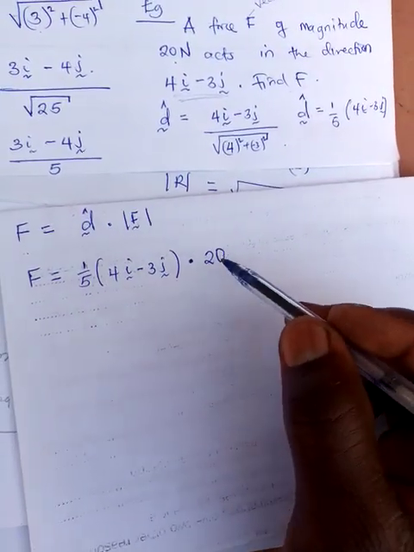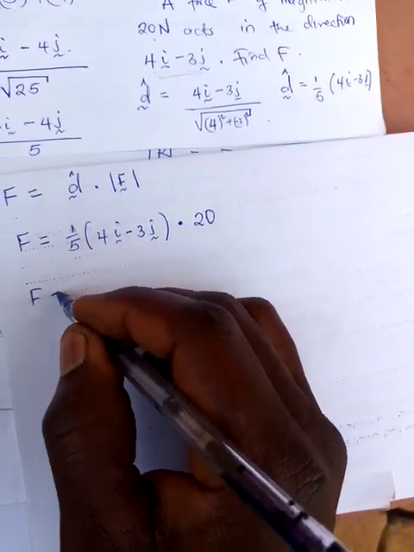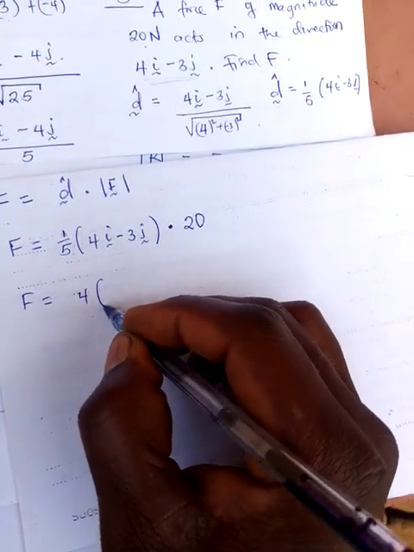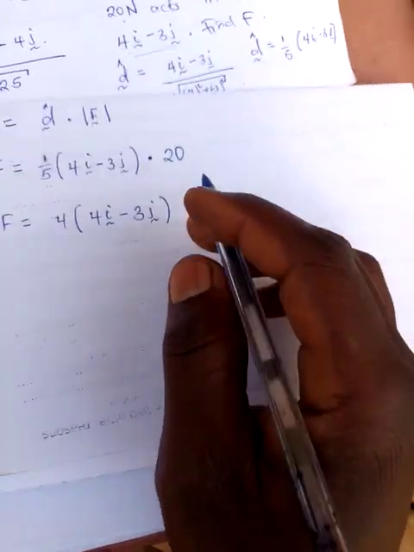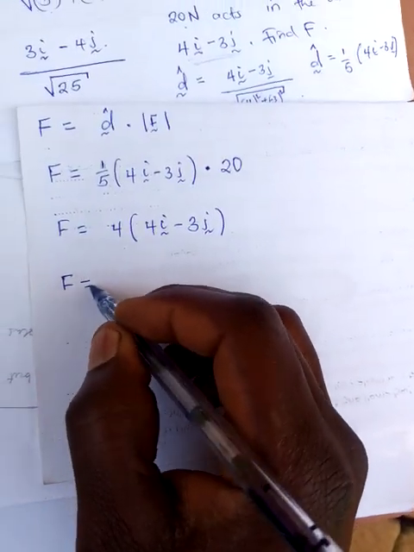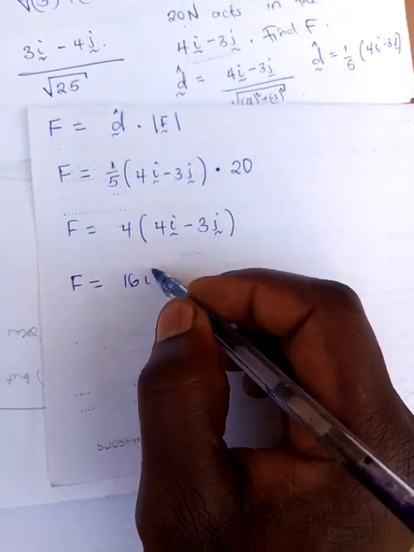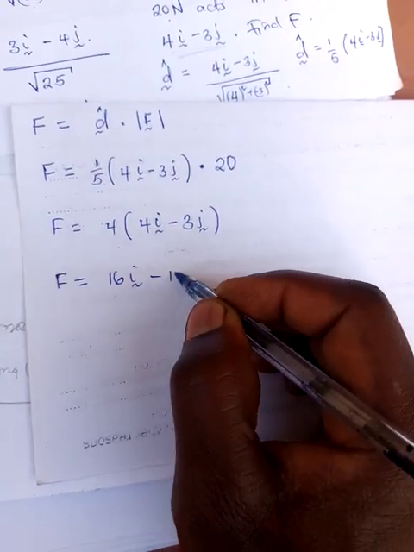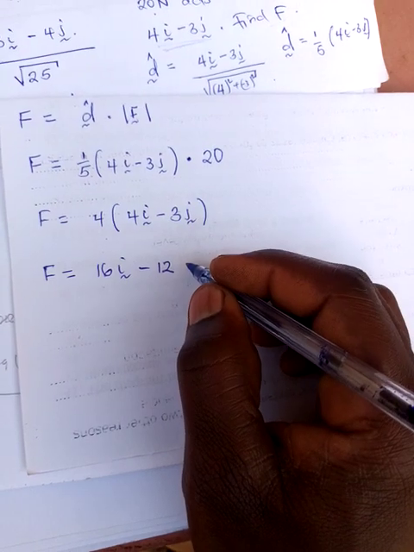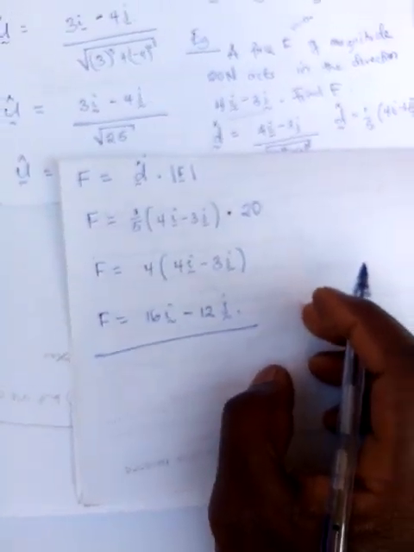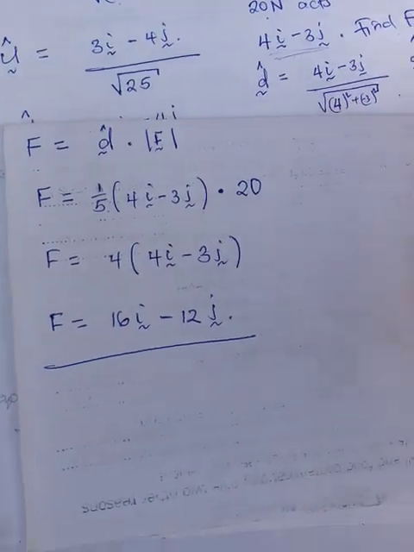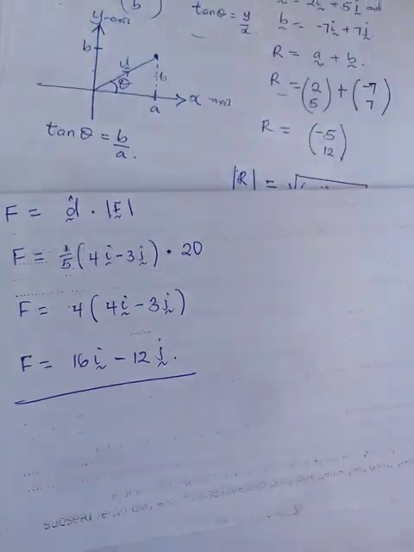This one goes with this, and you remain with F is equal to 4 into 4 in i minus 3, and this force will be 16 in i and negative 12 in j. That is the force. So they set it like that. That is how it is connected.